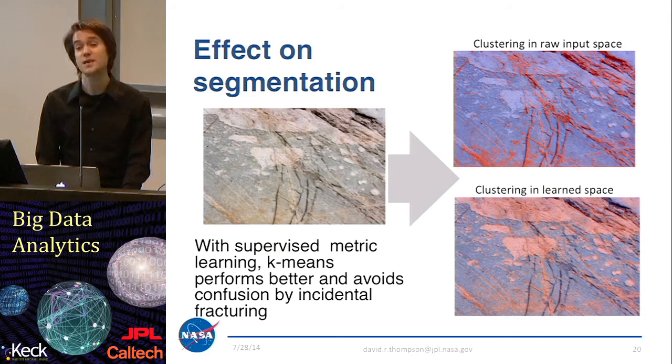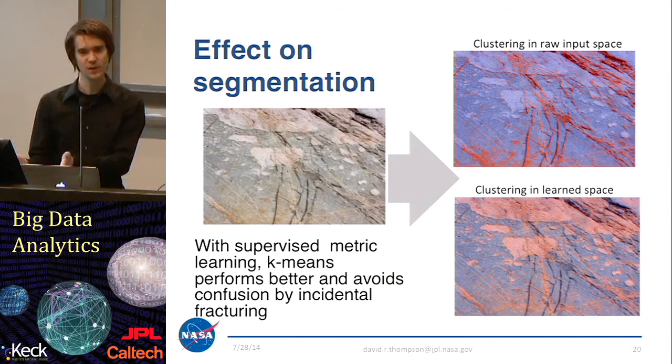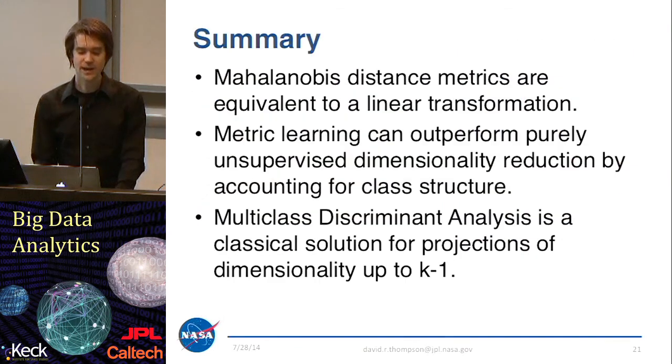So this is just one of many examples where multi-class discriminant analysis can improve unsupervised clustering. So this pre-transformation that we've trained on labeled data can be used to improve a totally unsupervised clustering approach on future images.